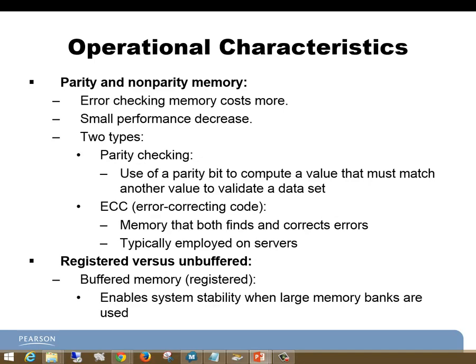So parity and non-parity deals with error checking of memory. And what happens is that just like when data is sent over a network, the memory runs a CRC check on itself to see if there is an error in what's been written. And that is a way to ensure that data hasn't been tampered with in any way, that it is exactly as it was in the memory when it's written.